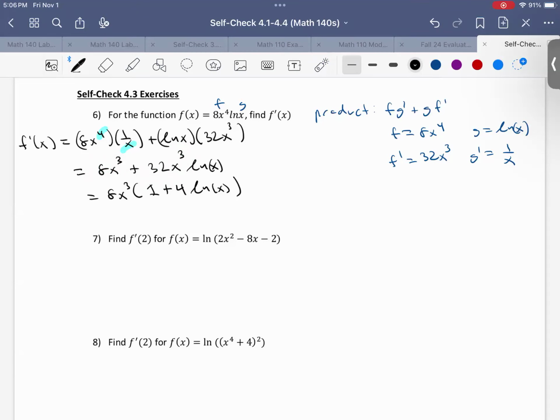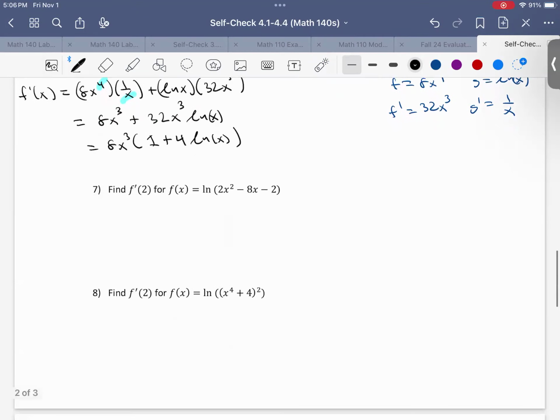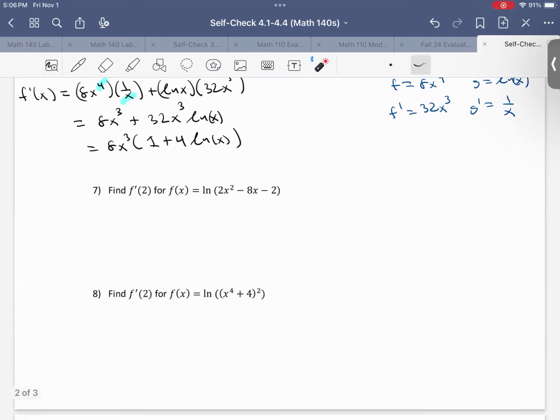Okay, so let's go ahead and try out number 7, which is find the derivative evaluated at 2, f prime of 2, for the function natural log of 2x squared minus 8x minus 2. In order to find the derivative evaluated at 2, the first thing I've got to do is find the derivative of f of x.